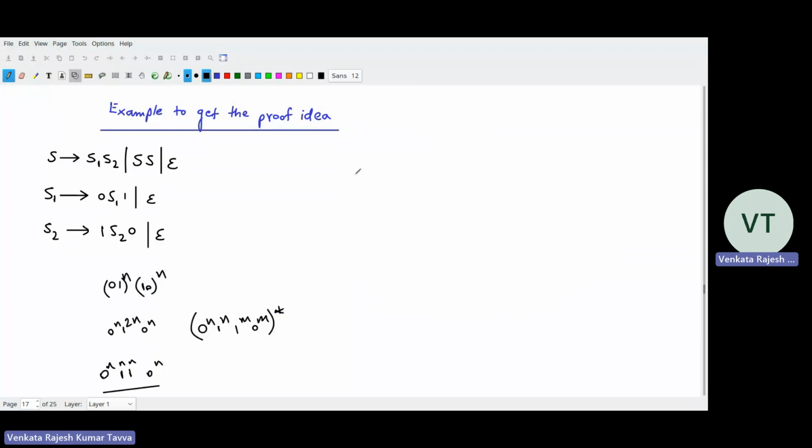So this grammar is equivalent to S goes to 0S1 or 1S0 or SS or epsilon. Okay. Now can you tell me what is the language recognized by this grammar?